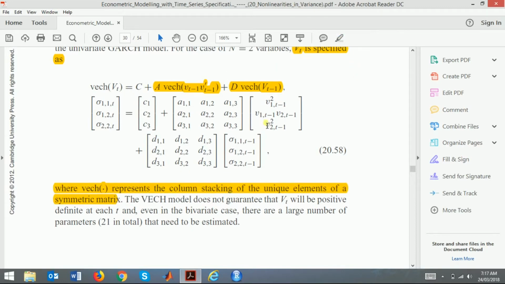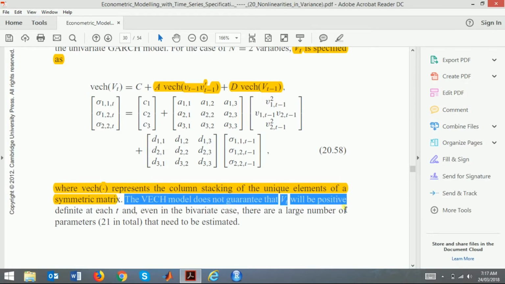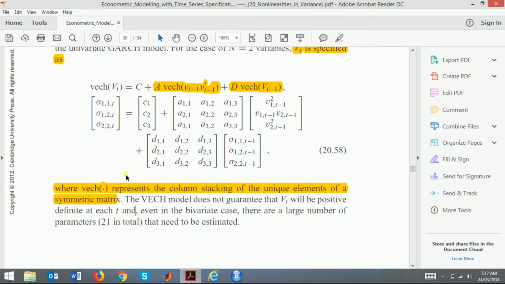So you have a symmetric matrix stacked in one column. The VEC model does not guarantee that V will be positive definite at each t. This is very important to remember.